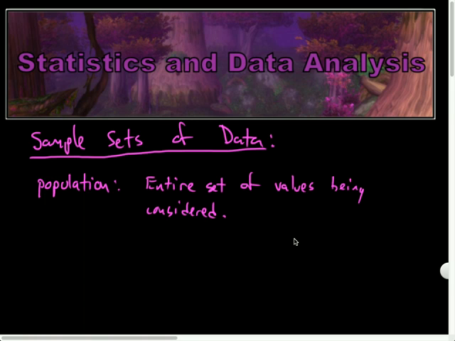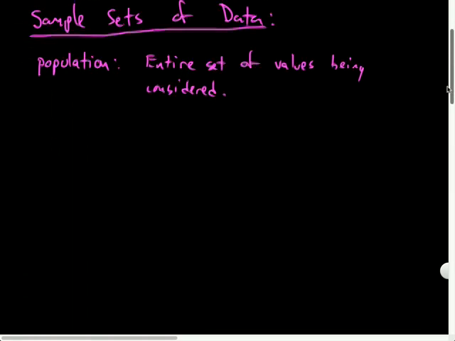So it does not have to be a population of things. It could be I measured the widths of all of the desks in my room. So the population would be all of the desks in my room, right? It doesn't necessarily have to be a group of people or animals to be a population. So that's the first thing here.